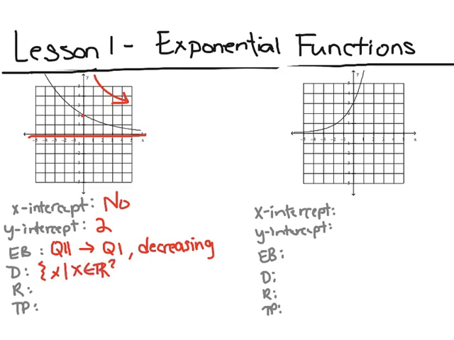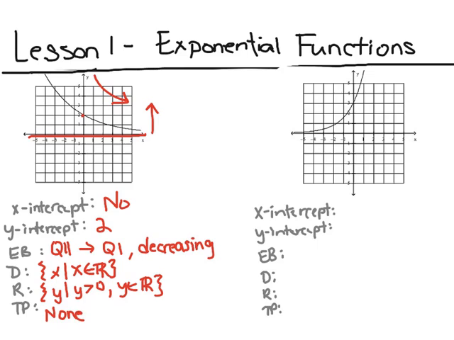And the range, because it cannot be below the x-axis, it has to be above the x-axis. We know that y such that y is greater than 0, an element of the real numbers. And it can't be equal to 0 because then it would be on the x-axis. And the number of turning points is none. You don't have any turning points for an exponential. It either goes down forever or up forever.